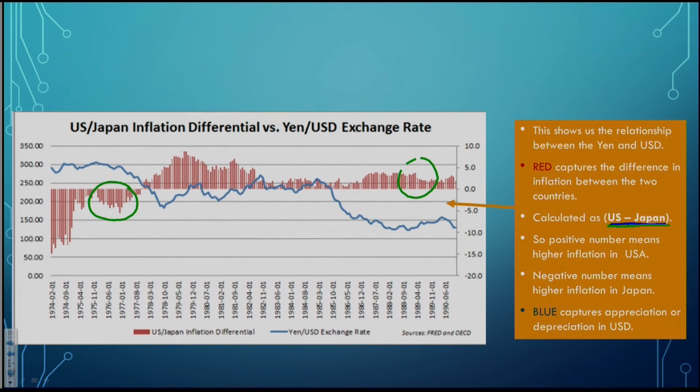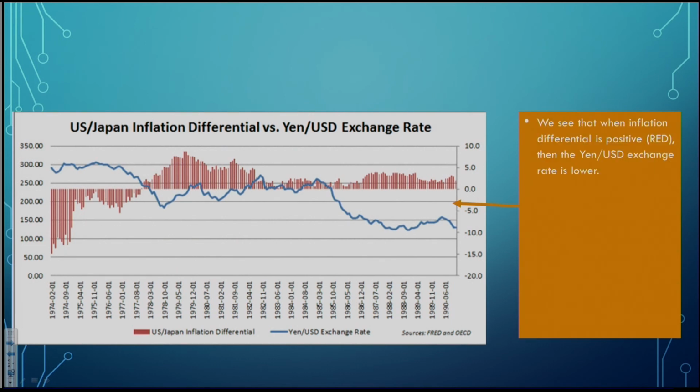The blue line captures the appreciation or depreciation in the US dollar. So we've got two things going on the same graph. The blue line tells us about currency appreciation or depreciation, and the red tells us about the differential in the inflation rates.